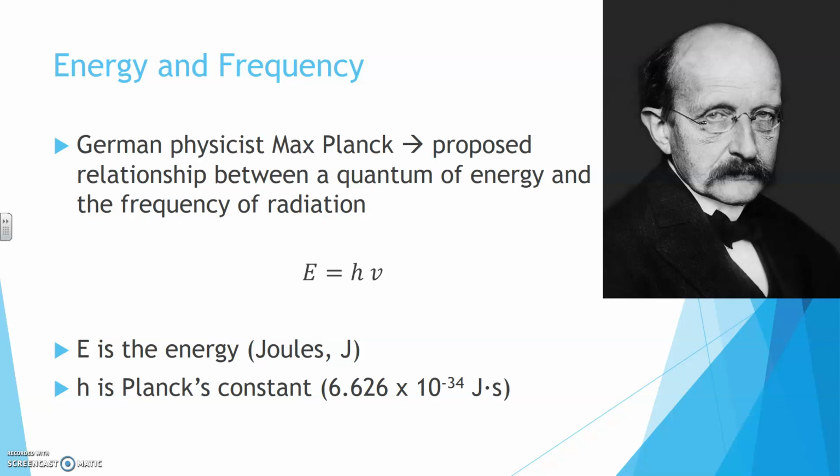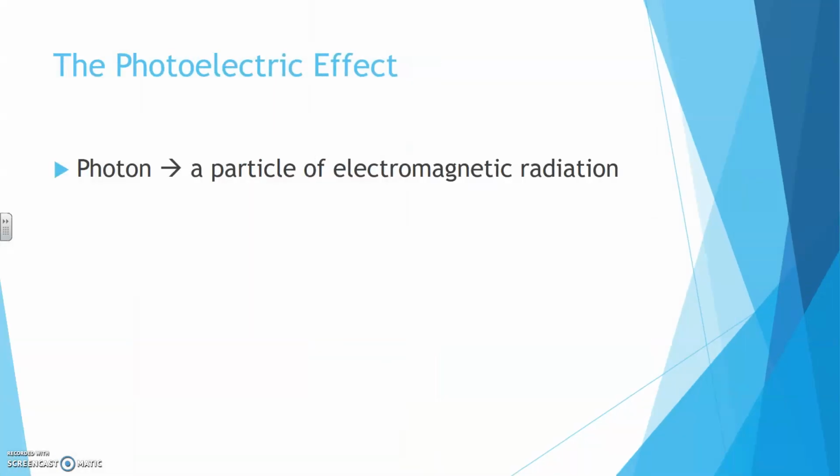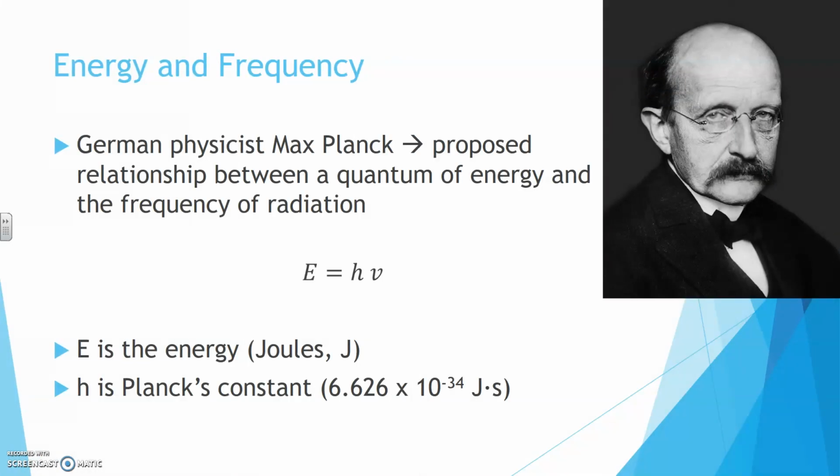Again, this is a constant: 6.626 times 10 to the negative 34th, in joules times seconds. And v again is your frequency in 1/seconds.